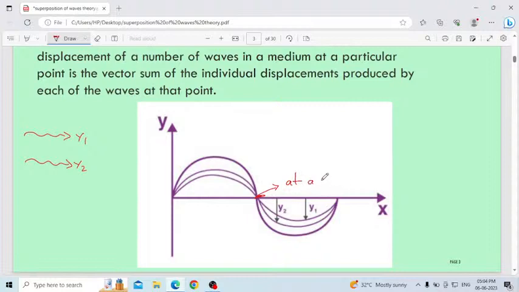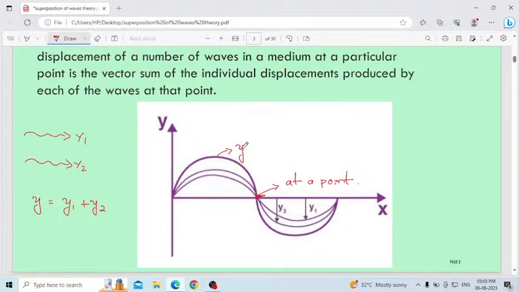Both the waves will meet at a point and superimpose. Then the resultant displacement of the wave will be the sum of the displacements of the two waves, y1 plus y2. Consider this is the wave y.